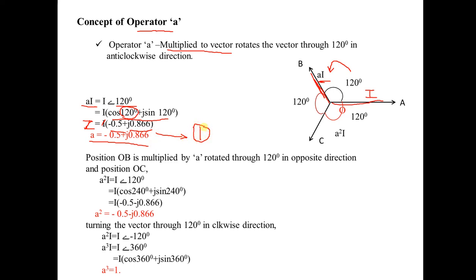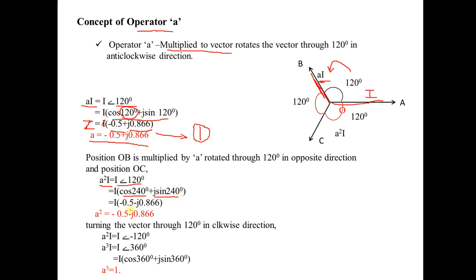And the next position OP is multiplied by the operator A, again through 120 degrees in the anti-clockwise direction, and the position of AC will be A square I. Here the angle is 120 degrees, but overall it is 240 degrees, cos 240 plus j sin 240.